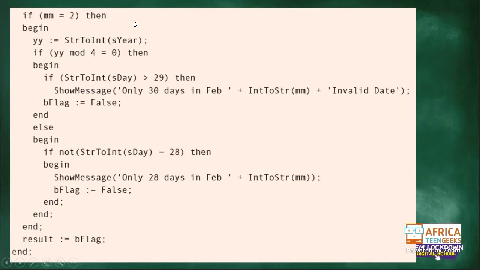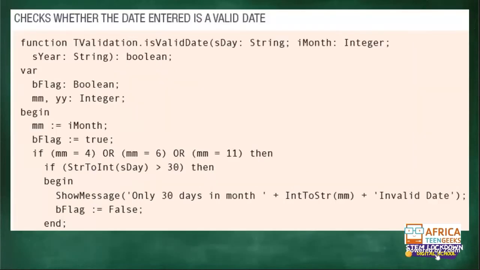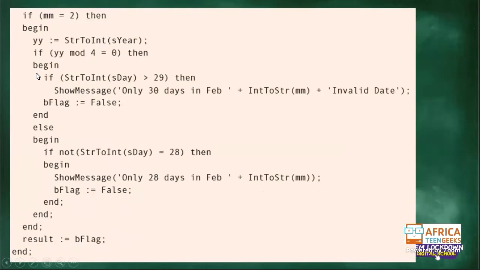But let's just go back one step again. If I'm asking if month is 4 or 6 or 9 or 11, then why not just say else if? Just my question. Else if month is February. So if it's not those, only then do you carry on.